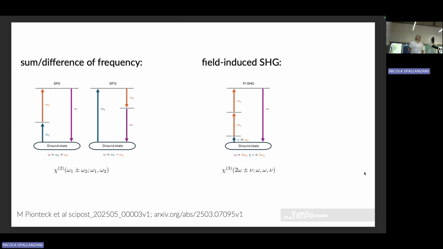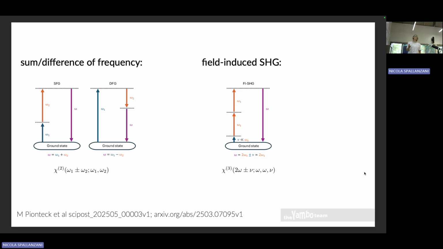Or you can also look at third order approaches in which, for example, you pump one laser and you look at the 2 omega. And the second laser is at terahertz, so it has a frequency which is much smaller than the incoming optical laser.